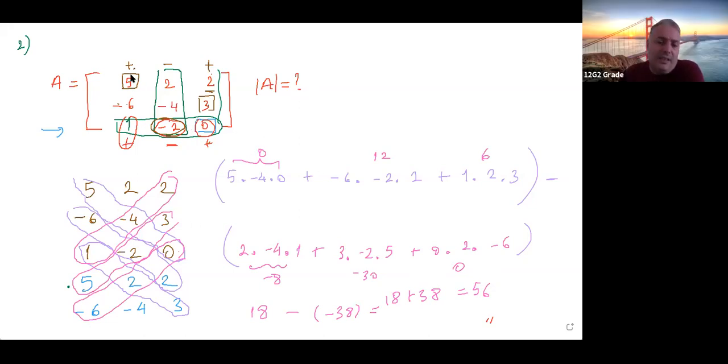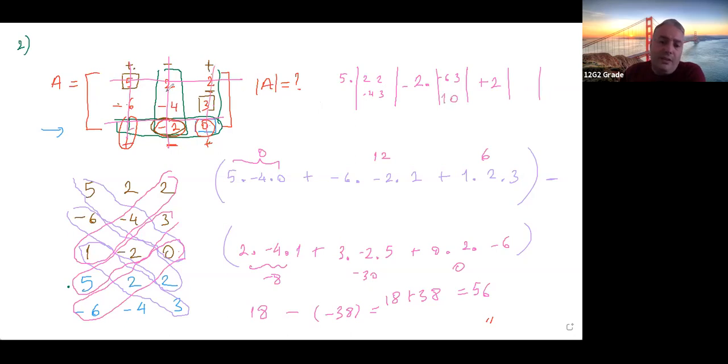The best thing is, as I told you, take the 5. You can even use 5. We use 1. 5 times this determinant minus 2 times determinant plus 2 times determinant. Okay? And then we can close this. What is left? 2, 2, negative 4, 3. And then for the negative 2, close this. What is left? Negative 6, 3, and 1 and 0.